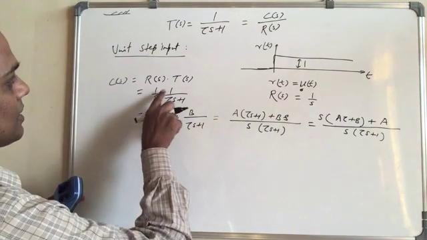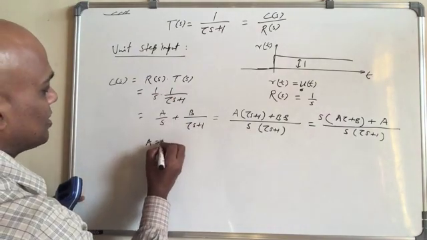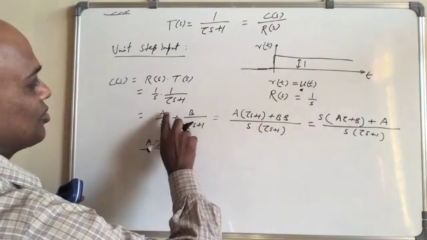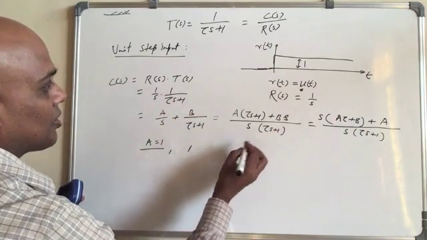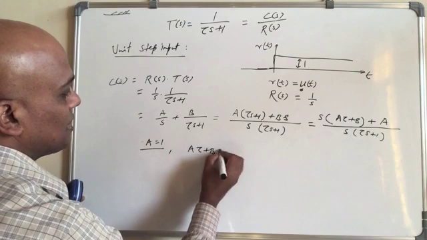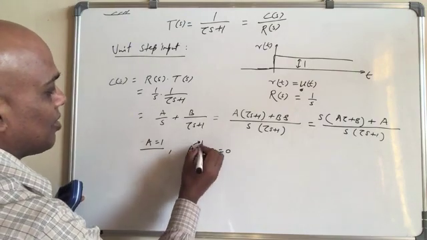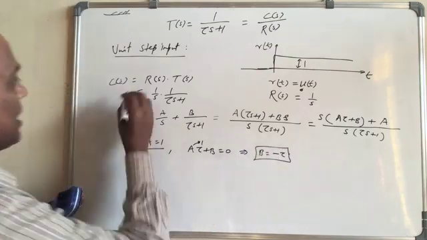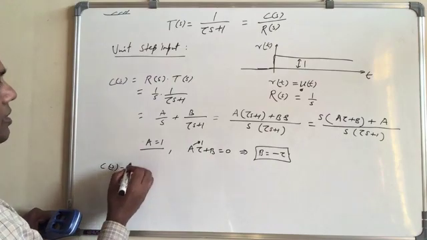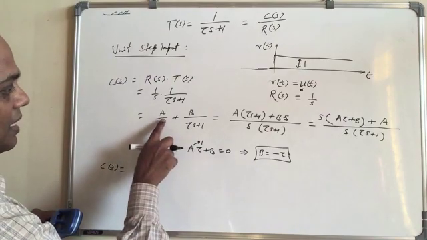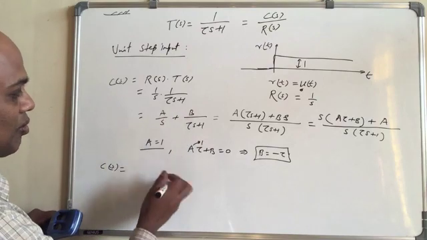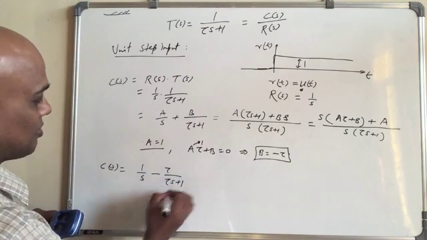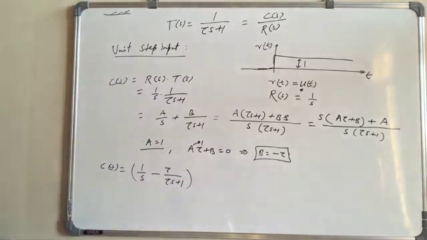That tells us that A has to be equal to 1, and the s term has to be 0 because there is no s term in the numerator. So A tau plus B equals 0, where A equals 1 already. So we get B equal to minus tau, right? And hence C(s) will be equal to 1 over s minus tau over tau s plus 1.